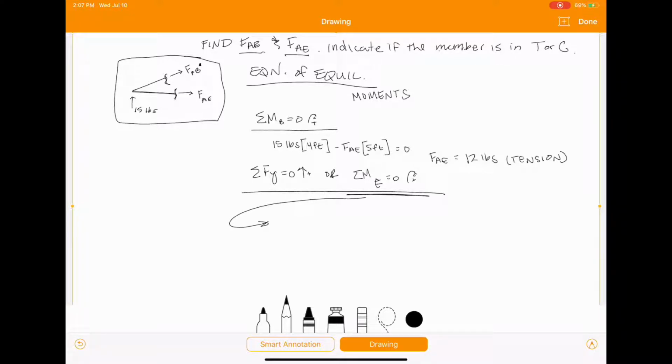And so we've got 15 pounds times 10 feet. And that's going to be in the positive direction. And then we're going to have an x and y component.